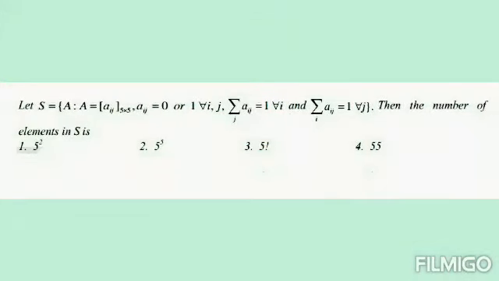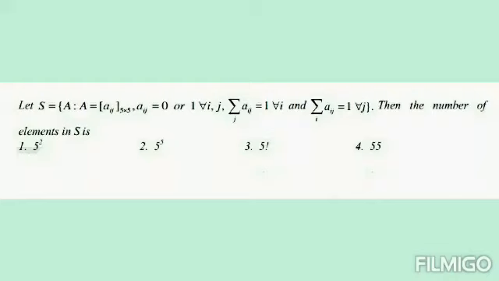First question is, let S be a set which contains A such that A is a 5 cross 5 matrix. Here we have given a set S in which 5 cross 5 matrices are elements such that Aij is equal to 0 or 1. It means that any entry of A is either 0 or 1 for all i, j.